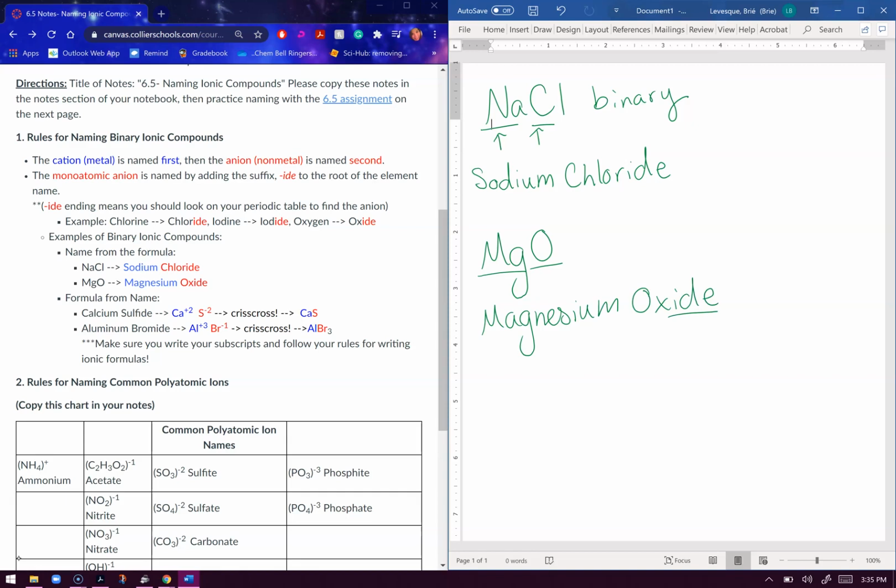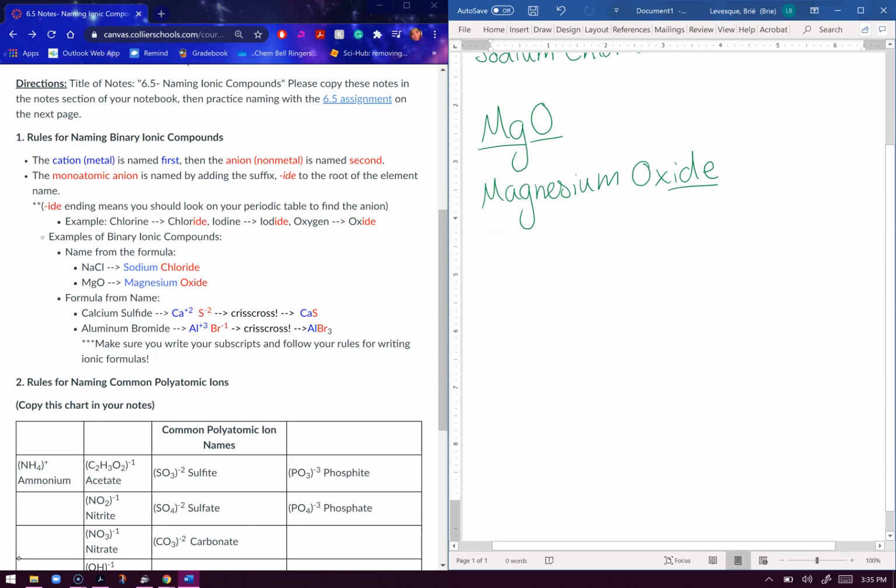Okay? If I give you the name and you try to determine the formula, that's the second bullet down here, formula from name. If we wanted to do calcium sulfide and we want to determine the formula.